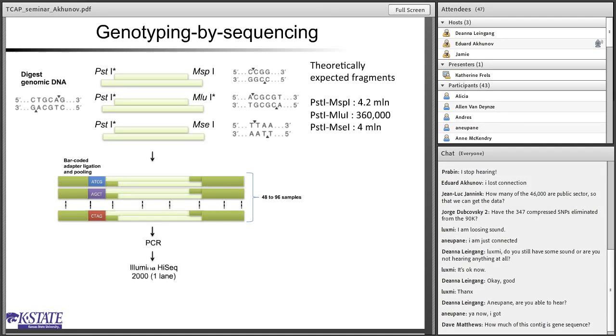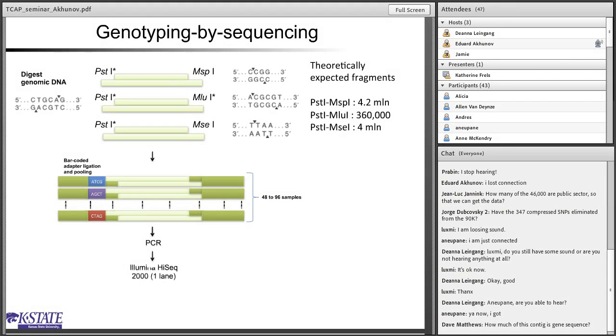Dave is asking how much of this particular capture sequence is gene sequence. Frankly speaking, I do not know. But what I do know is that probably we include in the assay a lot of genes that include intronic sequences, and intronic sequences can sometimes be quite long, but certainly all the repetitive elements were removed from the capture assay.